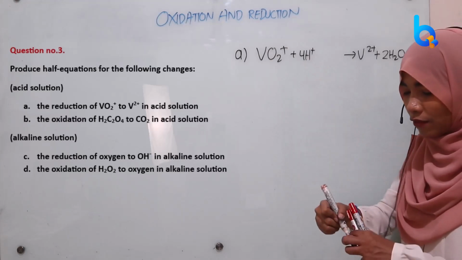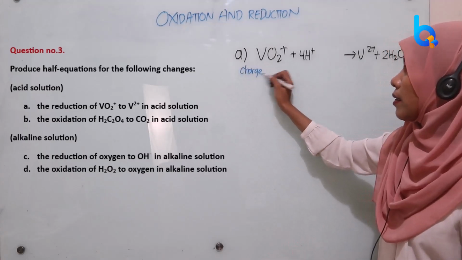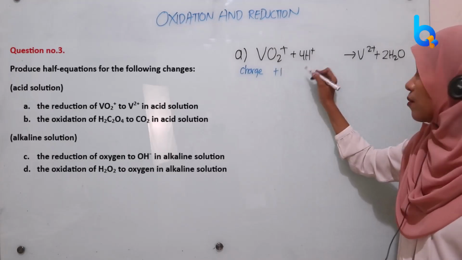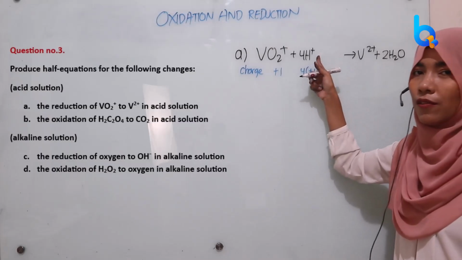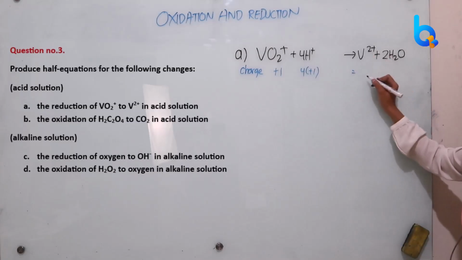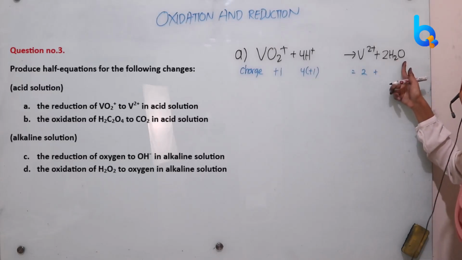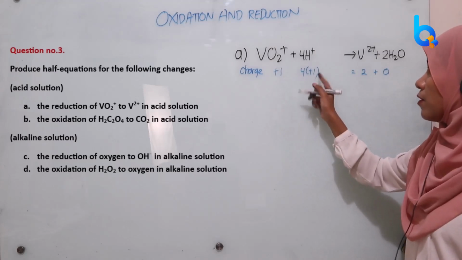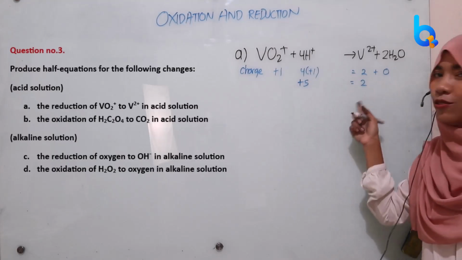Now the last one, we have to balance the charge. The charge from VO2+ is +1. From H+, we have 4 because this is the coefficient times plus 1, the charge of an individual hydrogen ion, equals 2+ here. 2H2O is a neutral molecule, so I just put it as 0. So plus 1 plus 4, we have plus 5 equals 2. 5 equals 2 doesn't make sense, right?